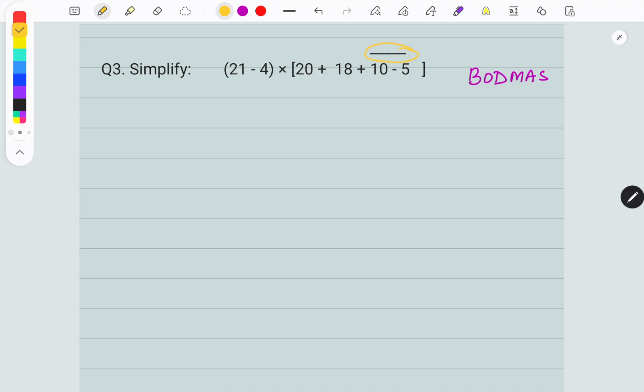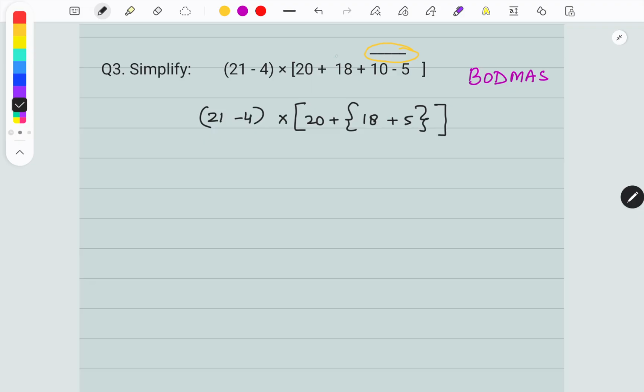So we are going to solve this first. Let's do it. Let's change the color. 21 minus 4 multiplied by 20 plus 18 plus 5.